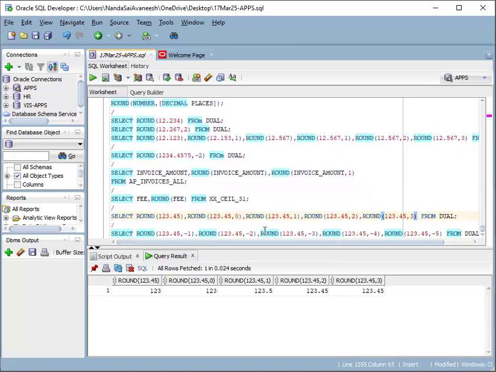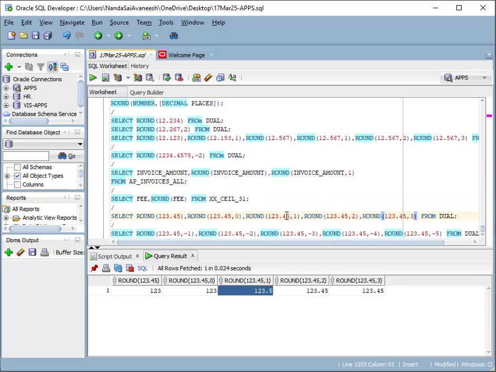So what will happen here? ROUND of 123.45 becomes 123 only. ROUND of 123.45 comma 0 is the same. But ROUND of 123.45 comma 1 becomes 123.5. Okay, why?